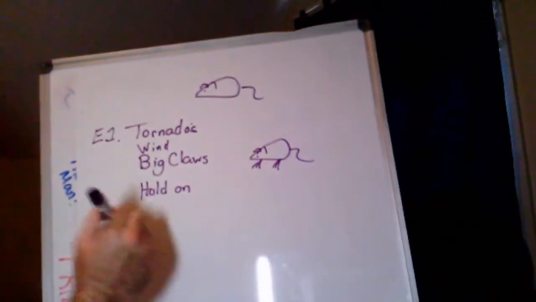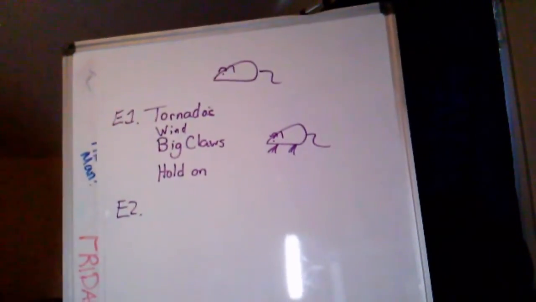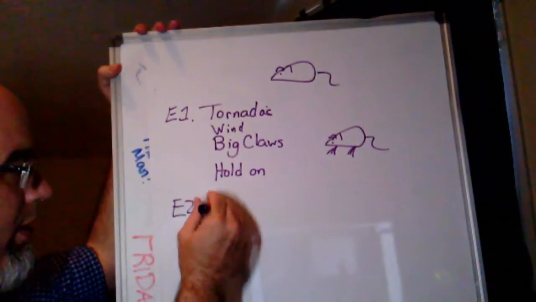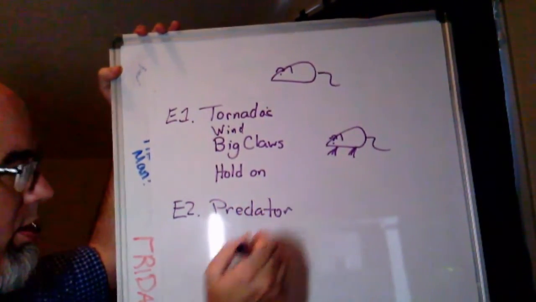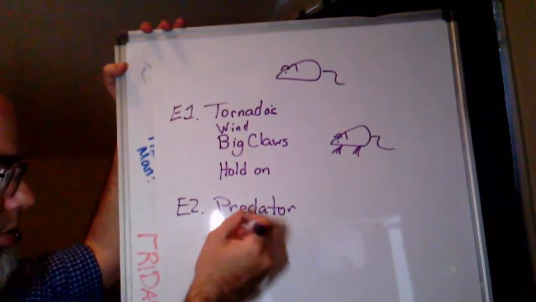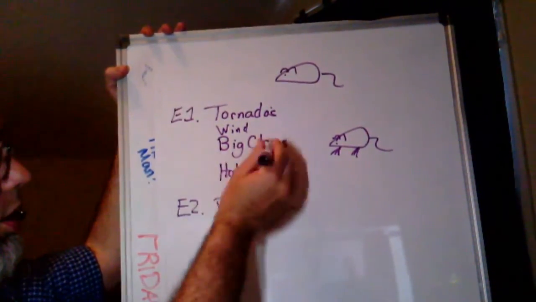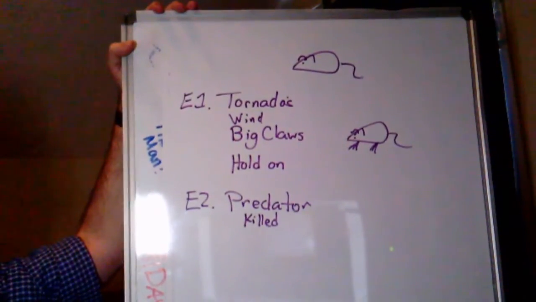Alright, then we do Event 2. Now for Event 2, let's say I pick one of the predators. Now, what's the problem? Well, it's going to get killed. What trait do I want my mouse to have to avoid this?